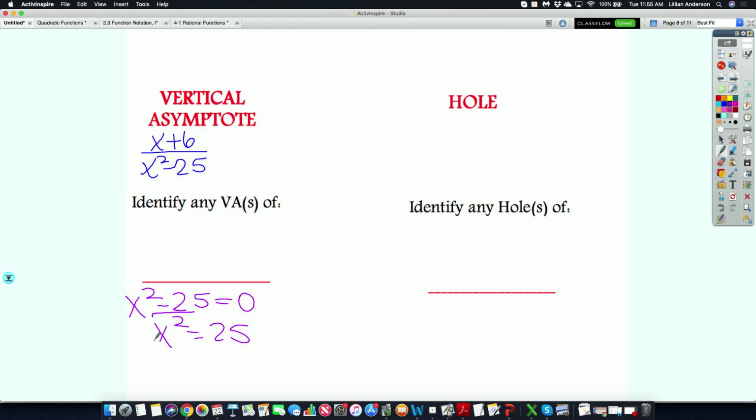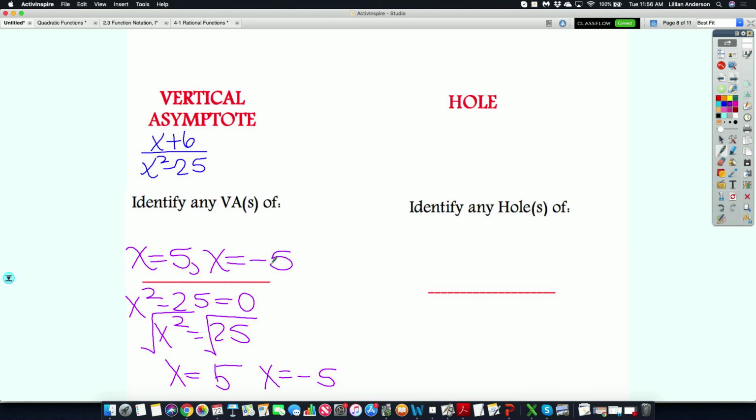And you got to remember, when you square root, plus or minus. So x equals a positive 5 and x equals a negative 5, and those are your vertical asymptotes. Will you always have 2? No. Sometimes you'll have 1. It depends on what the denominator is. Sometimes you won't have any vertical asymptotes at all.